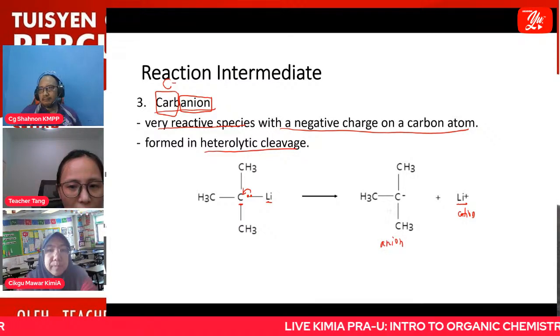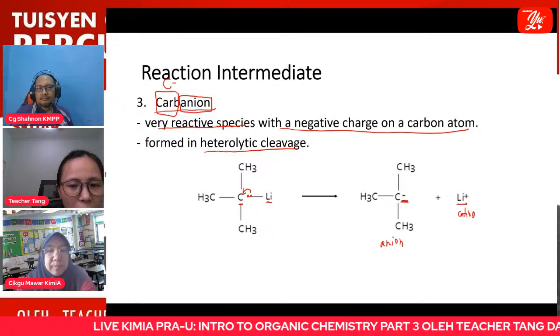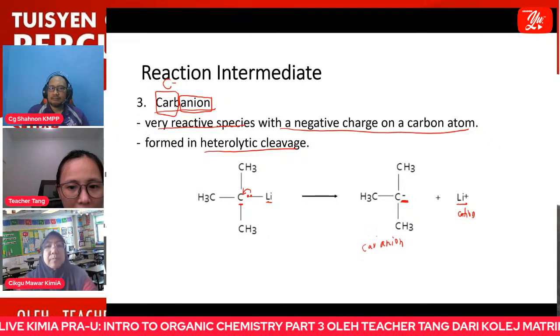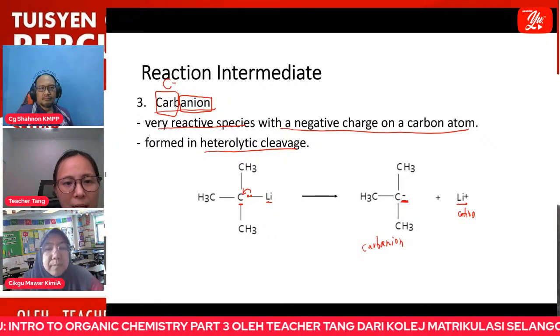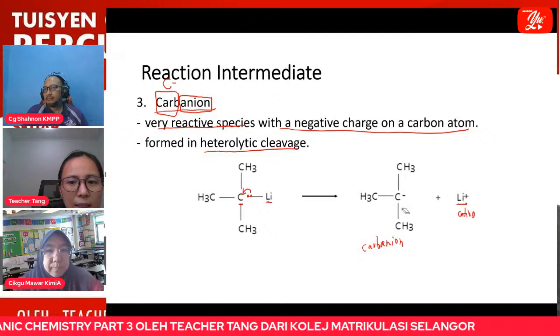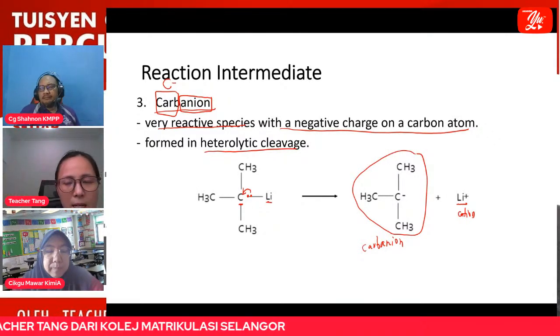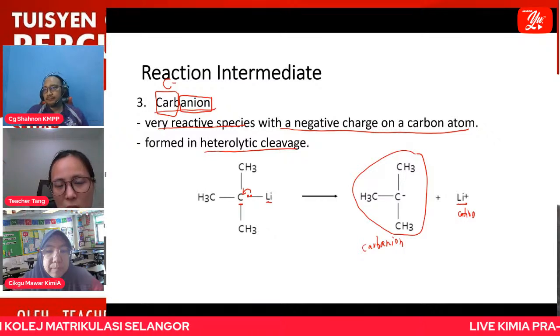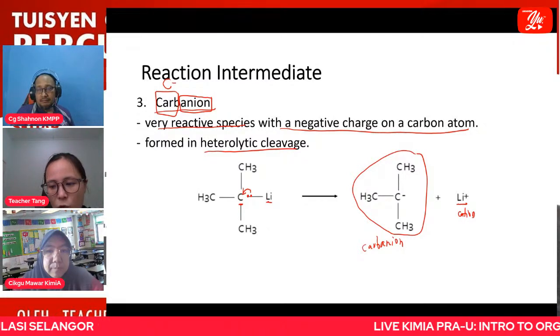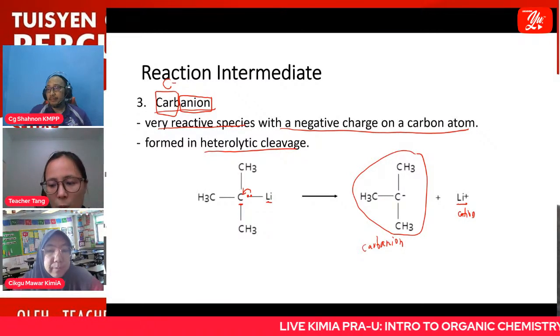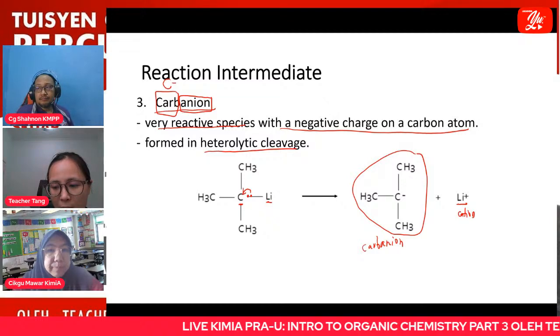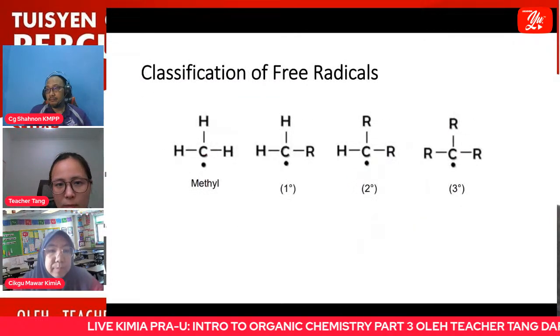For this anion, having the carbon carrying the negative charge, it is called carbanion. This carbanion is again a type of intermediate that forms in between the reaction, and it is very reactive, so it will react very quickly with another species to form product or byproducts.